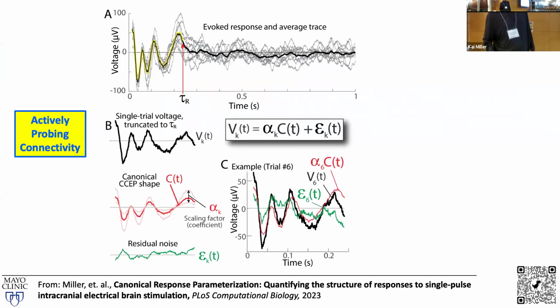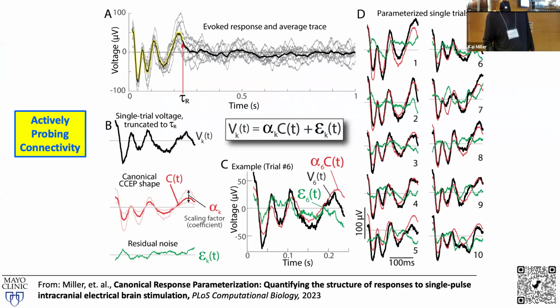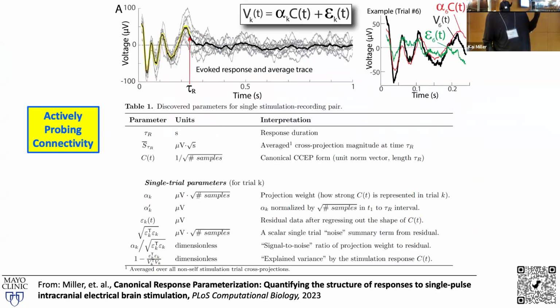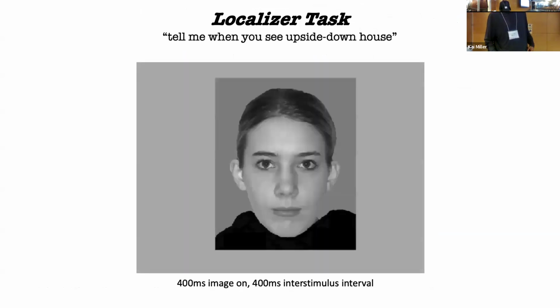We then parameterize our single trials, and this set of quantities allows us to talk about our responses in ways that are somewhat independent of what the actual shape is, right? So if you want to compare, I know I keep harping on the N200 and P300, but if you want to compare them to one another in a quantitative way, this lets you do it.